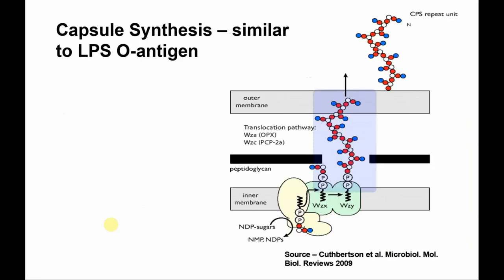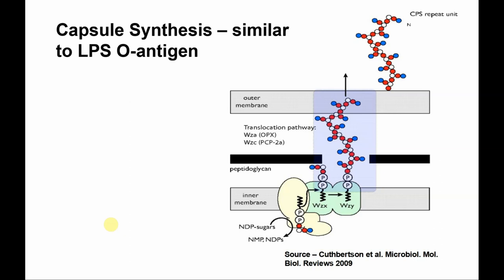Okay, capsule antigens are polysaccharides, sometimes polypeptides, on the outside of the bacterial cell. It's the same kind of problem as we saw for peptidoglycan and LPS, and it's the same kind of solution. So the repeating subunit is synthesized on the inside in the cytoplasm attached to bactoprenol diphosphate.